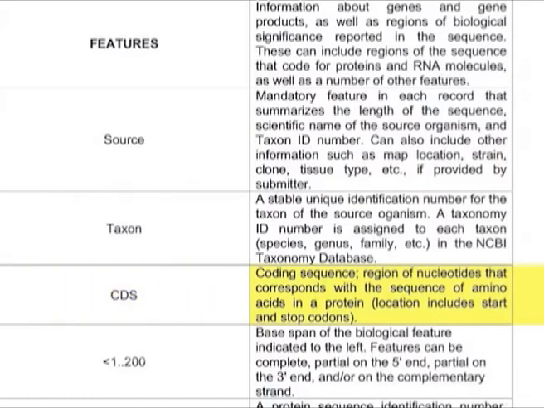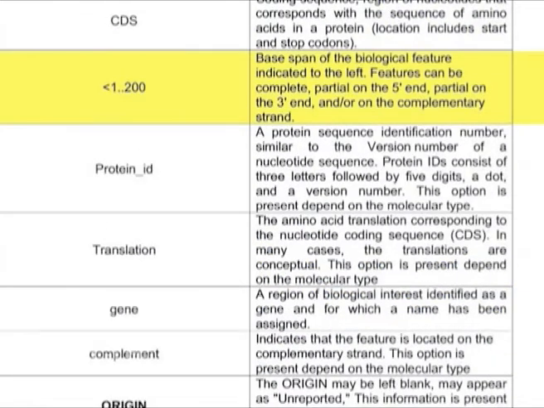Coding sequences are regions of nucleotides that correspond with the sequence of amino acids in a protein, which includes the start and stop codons. Base 1 to 200. Base span of the biological feature indicated to the left. Features can be complete, partial on the 5' end, partial on the 3' end and or on the complementary strand.